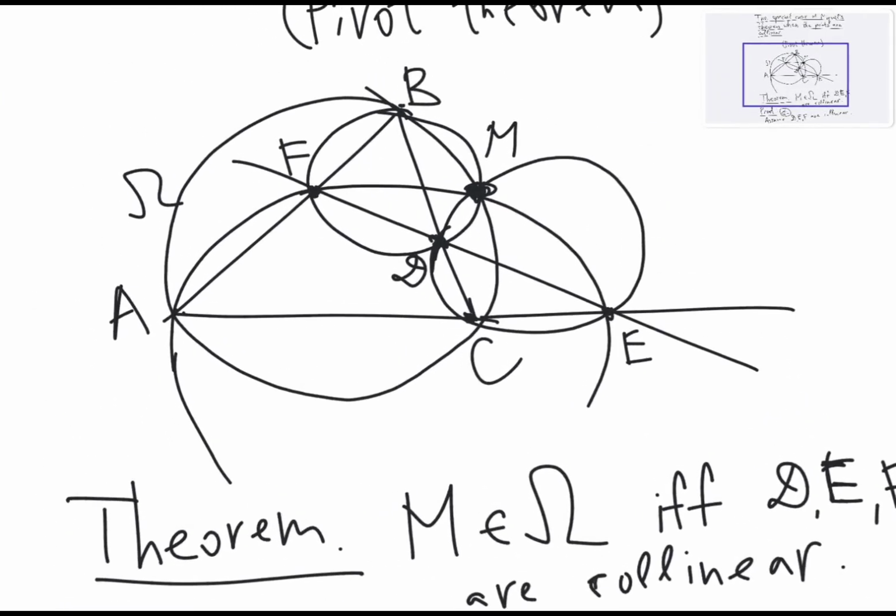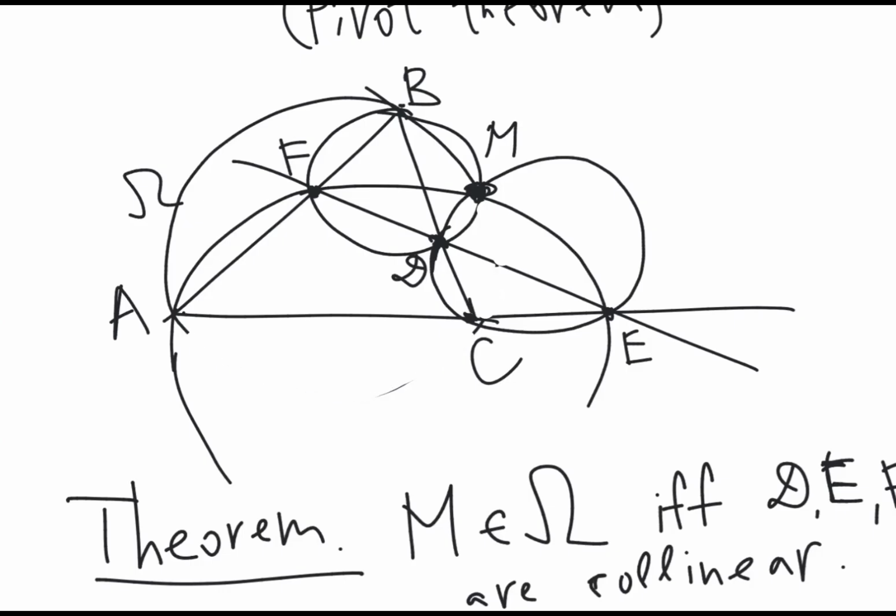In this case, I will remove this circumcircle, not the whole circumcircle, but I will remove the part that passes through M, because we don't know that yet. We need to prove that.